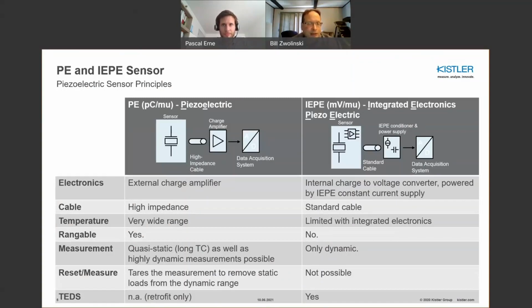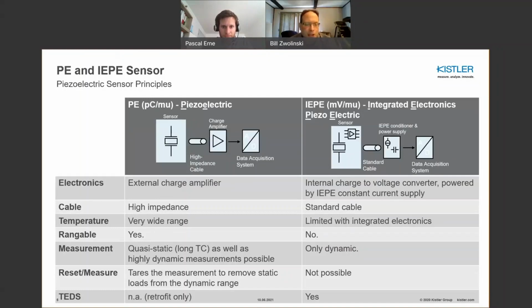By having the right charge amp, you can optimize the low frequency measurement. You could also reset and tare, reset and measure and tare the measurement as well. If you had 1,000 pounds of mass acting upon a force sensor, you can basically tare that out. So electrically, you don't have to deal with the mass, but obviously, mechanically, the mass is there.